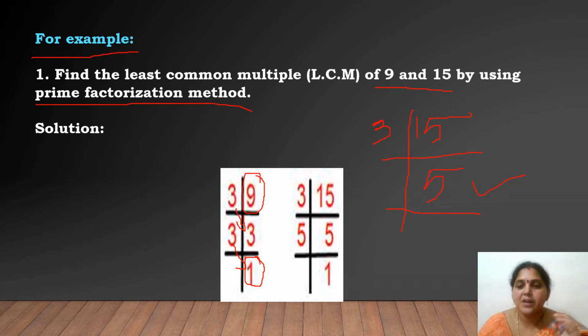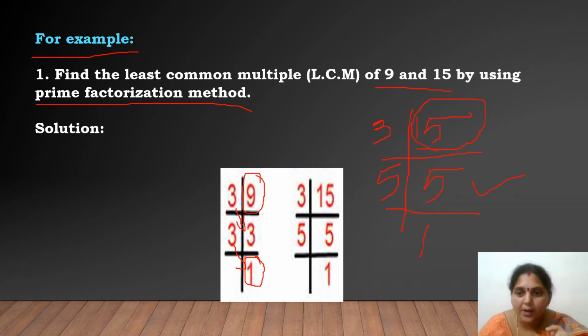But to get rid of your confusion, we do the prime factorization again to get 1. So in the 5 table, if we take 5 as our prime number, how many times does 5 come? 1 time. So 5 ones are 5. These are the factors of number 15.